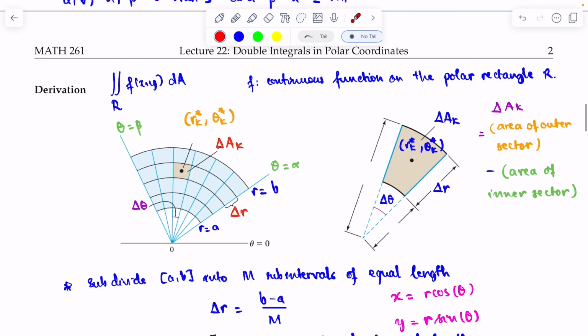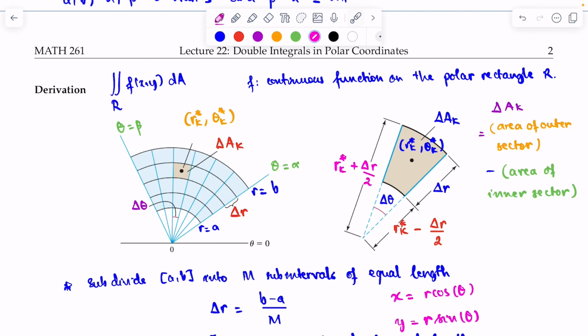So in this case, we calculate the area of the outer sector minus the area of the inner sector, and again we obtain the area of this region. For the inner arc, the radius is r_k star minus delta r divided by 2. For the outer arc, the polar rectangle has the radius r_k star plus delta r divided by 2.